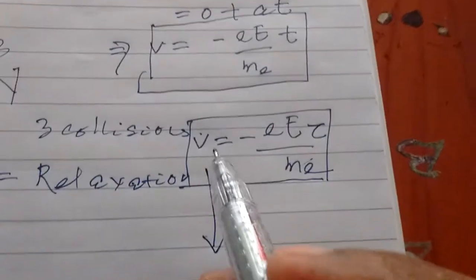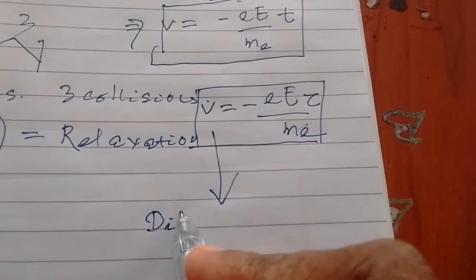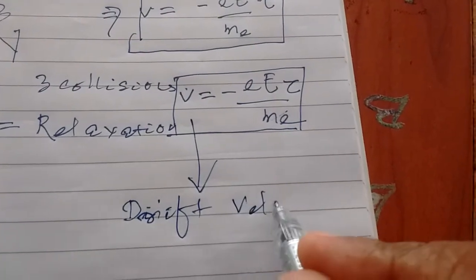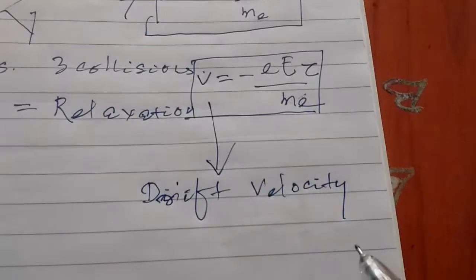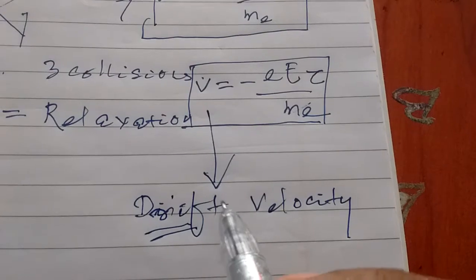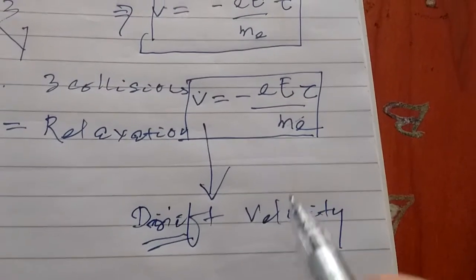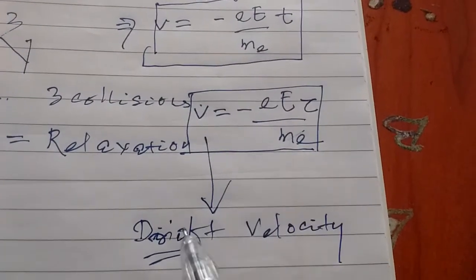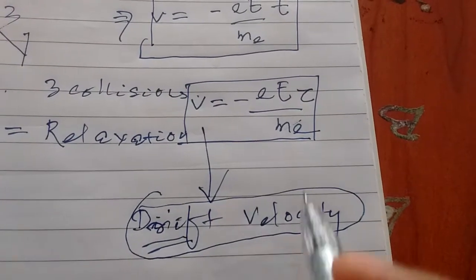So this velocity is therefore called drift velocity. Very important concept, drift velocity. Always remember, drift velocity is the velocity of the electron after an external electric field is applied, and the electron moves almost with a constant velocity.